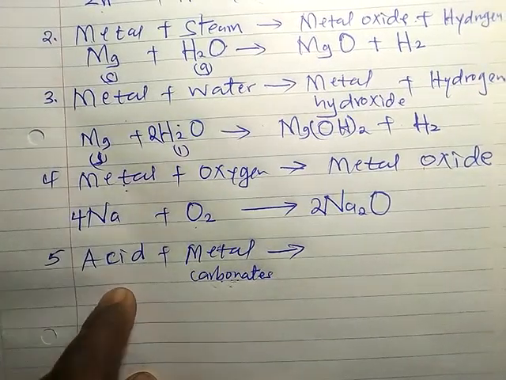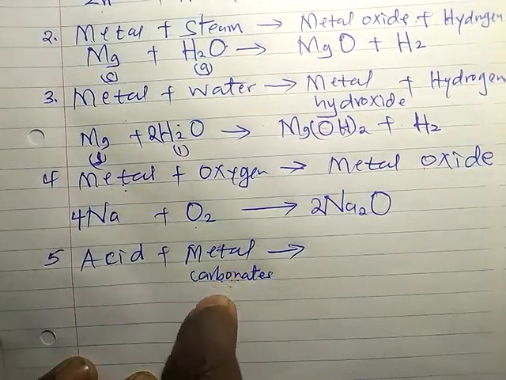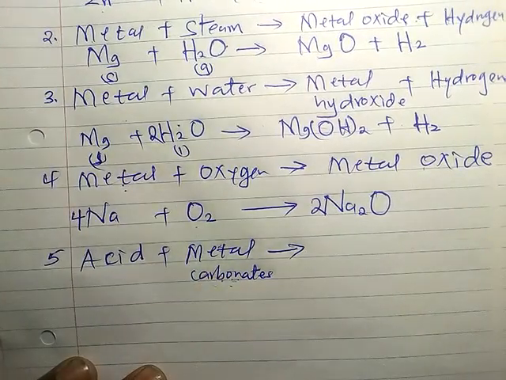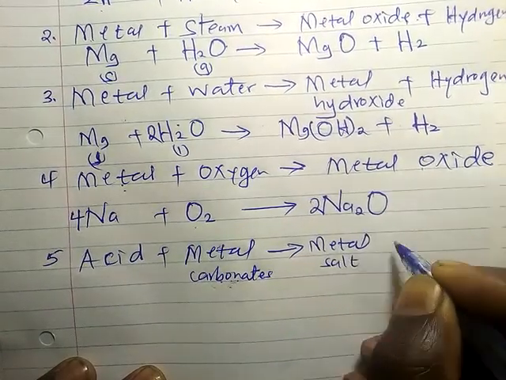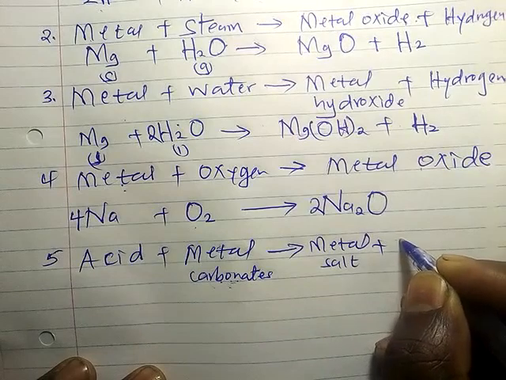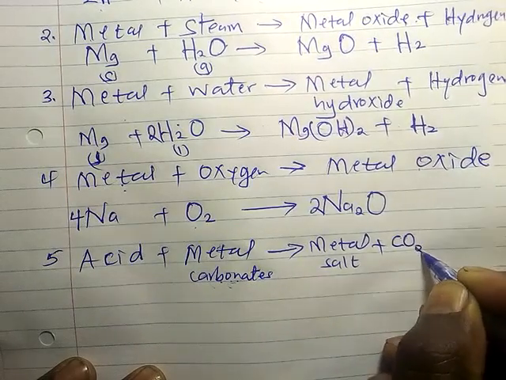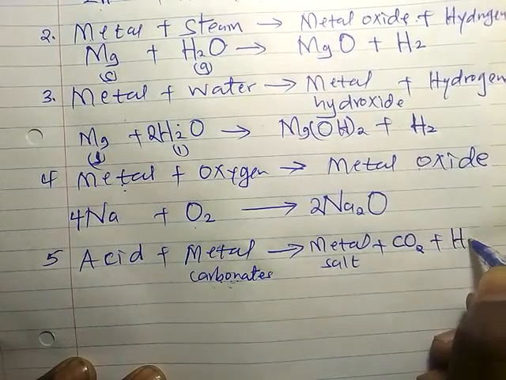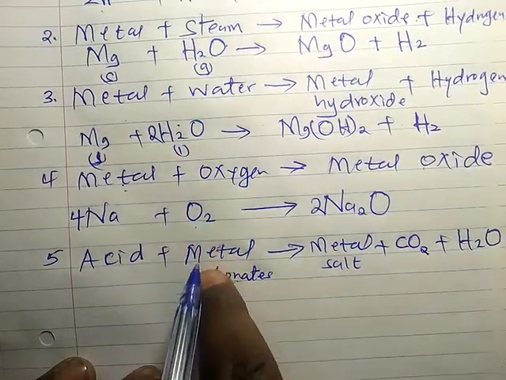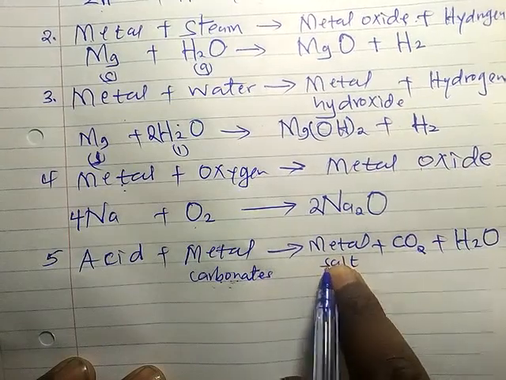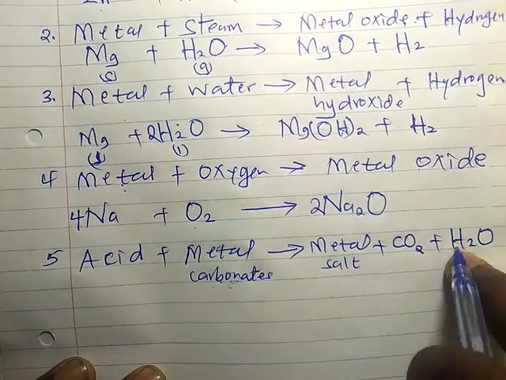If it is any acid that is reacting with a metal carbonate, you should expect the metal salt, carbon dioxide, and then plus water. So an acid plus a metal carbonate gives you the metal salt, carbon dioxide plus water.